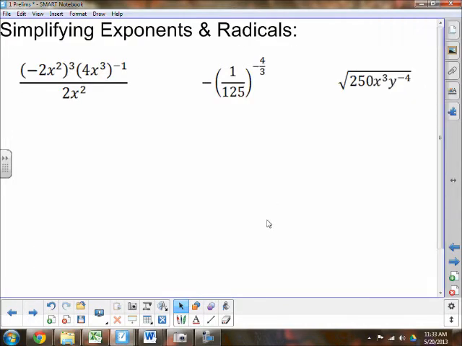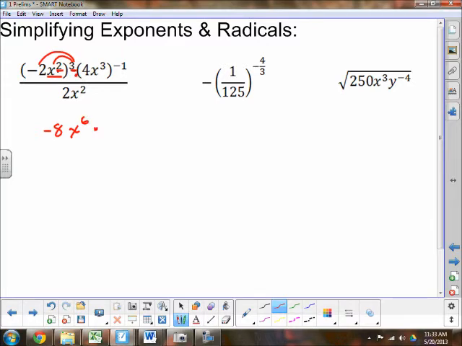So here's a couple of examples of applying these properties. Let's go through these. First off, it's simplifying. For my first question, I'm going to distribute this cube to these 2 powers. So this will be negative 2 to the 3rd power, which is negative 8. Then I have x squared to the 3rd. And when I have exponents raised to exponents, that will be multiplication.